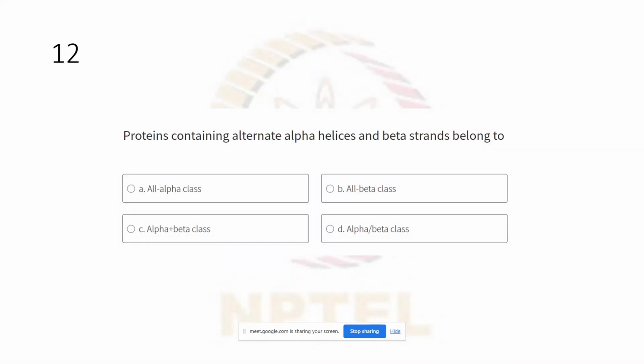Yeah, this is the last question for the day. Proteins containing alternate alpha helices and beta strands belong to which class?